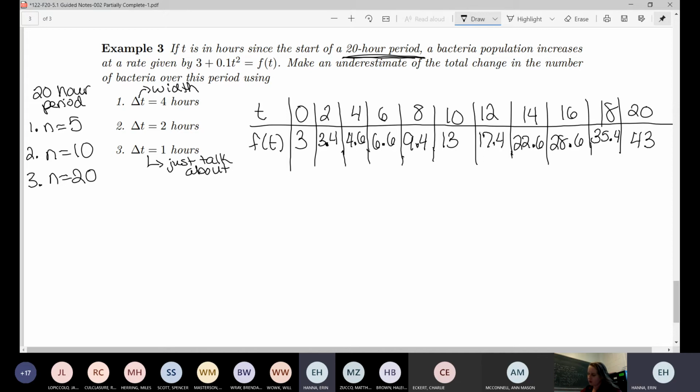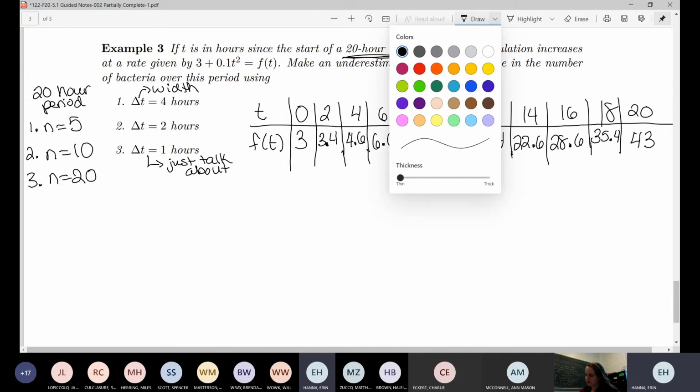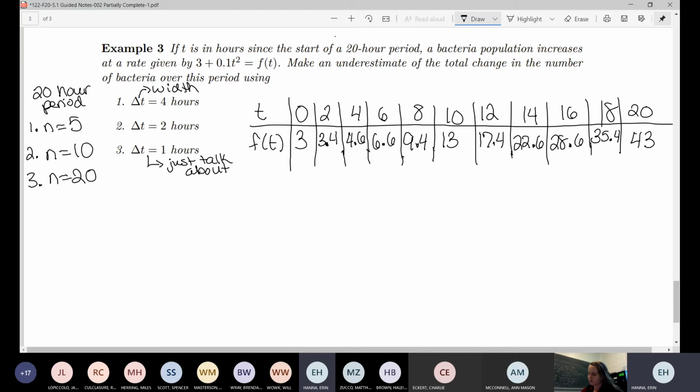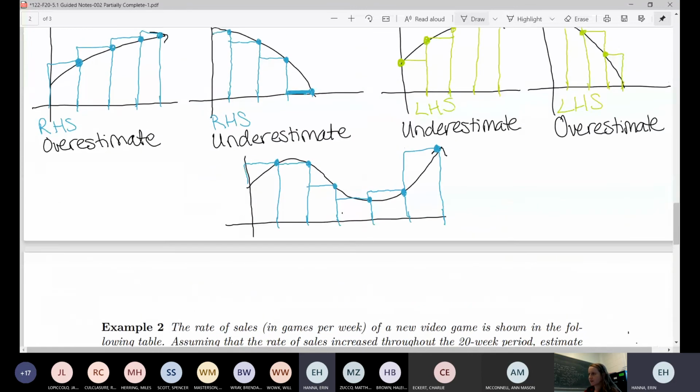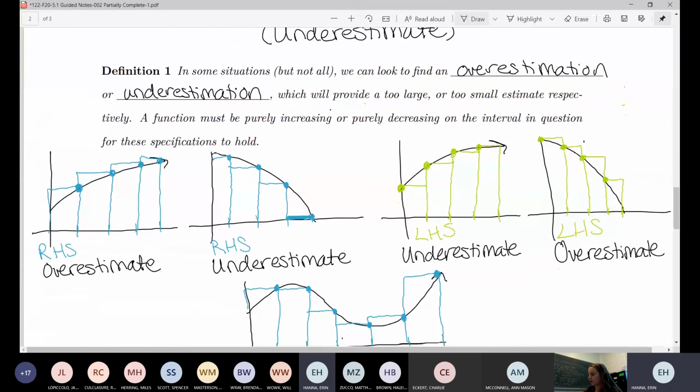So one other thing we have to clarify first before we move on to actually calculating this is, again, because this is a question from your book, it says underestimate. Now we're also told that this is increasing. So if we have an increasing function and we want an underestimate, if we go back to those drawings I did beforehand, and since you'll only have this type of clarification on your homework and Wiley, you can literally just pull them up.